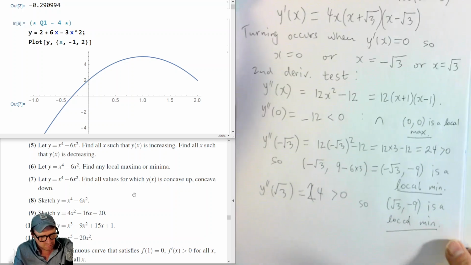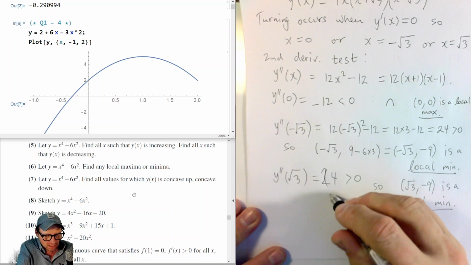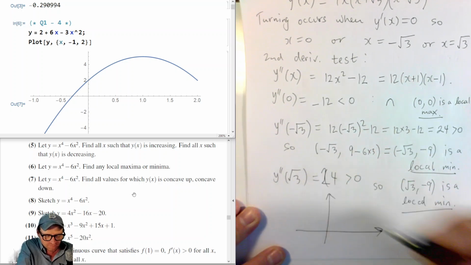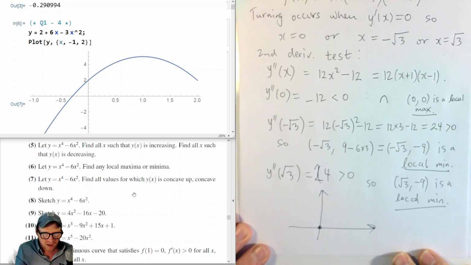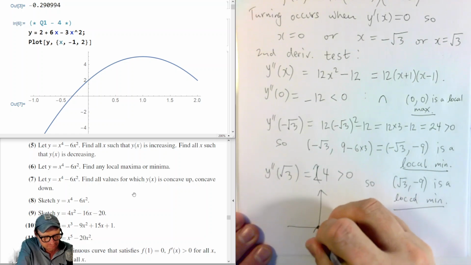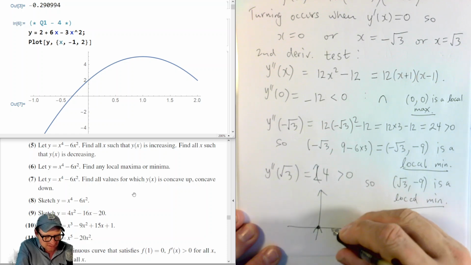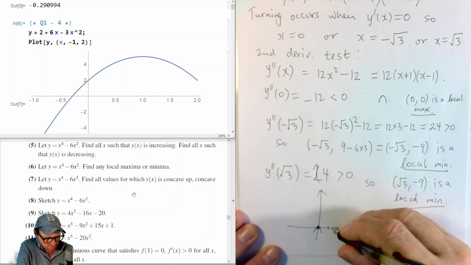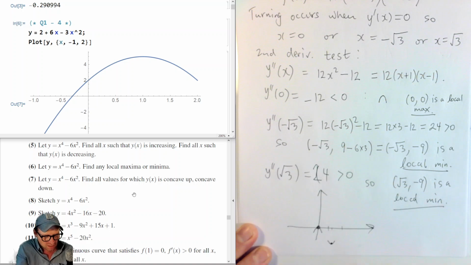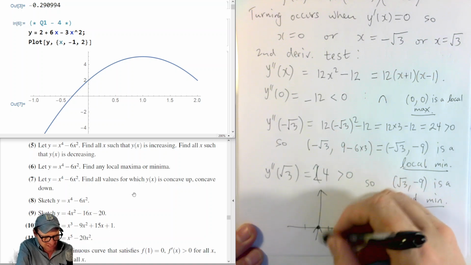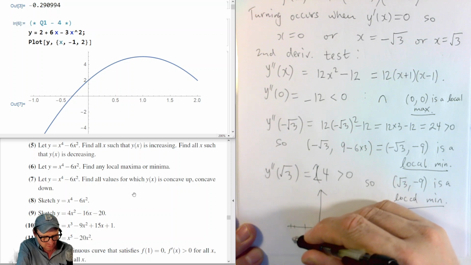Now let's place these geometrically here in what might be a bad sketch. All right, so here we've got our origin, and we found out that that was a local max. Okay, and then at about 1.7, so say here we have a local min, and on the other side, symmetric about the y-axis, we have another local min.